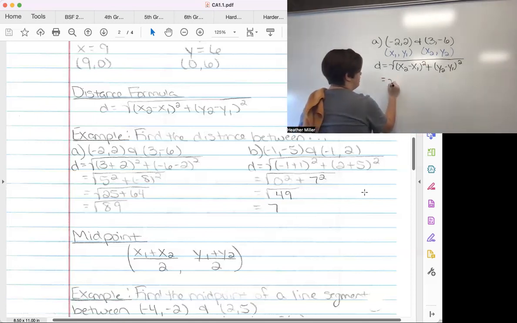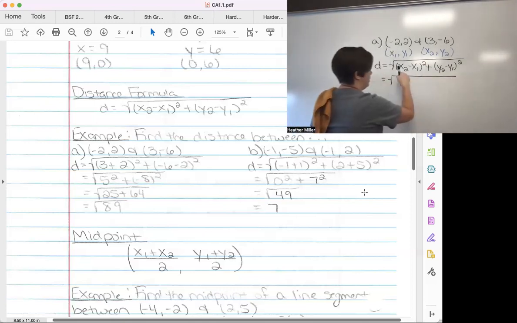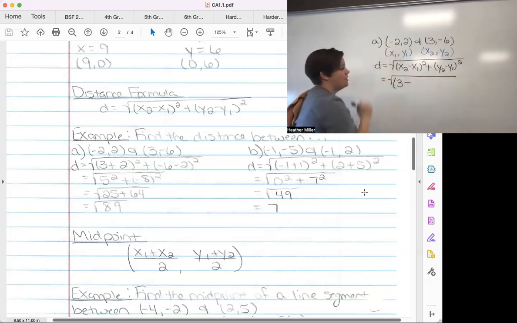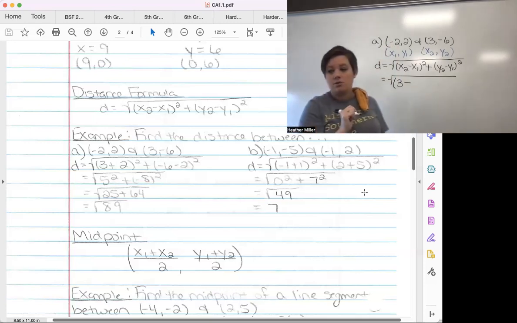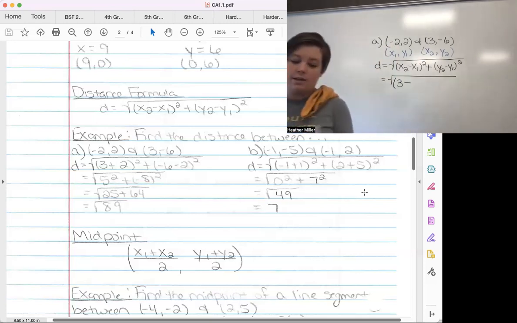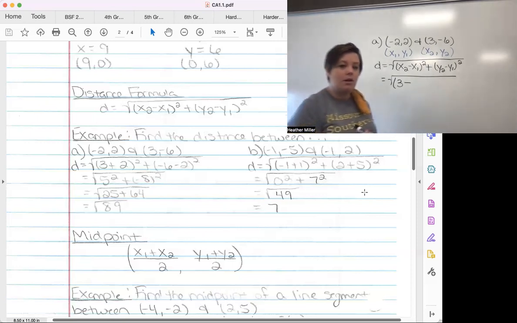So what I need to do now is plug in the values for these x2, x1 stuff. So x2, well, that is 3 minus x1. x1 is -2. So you're going to have a negative going on here.